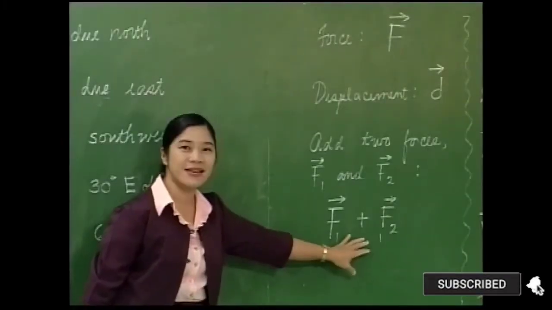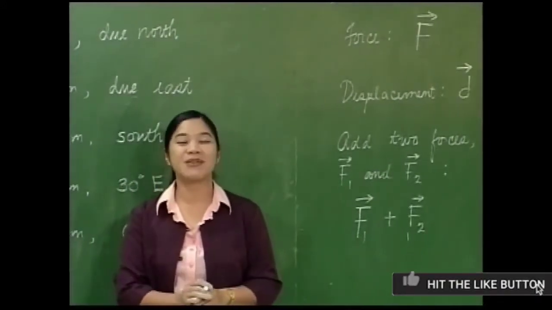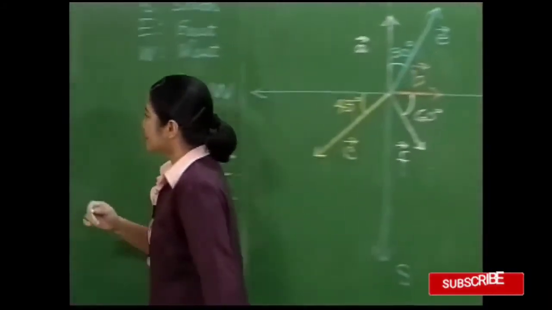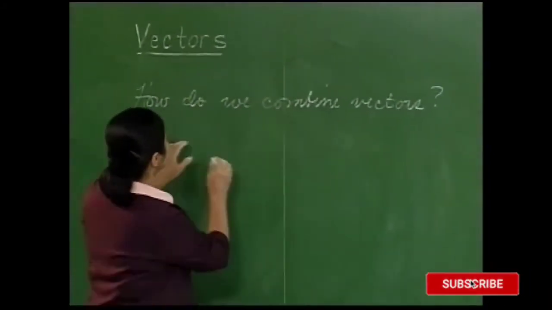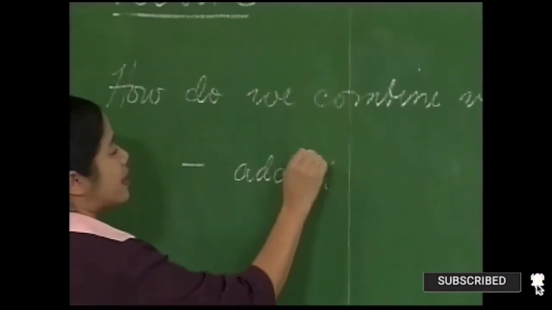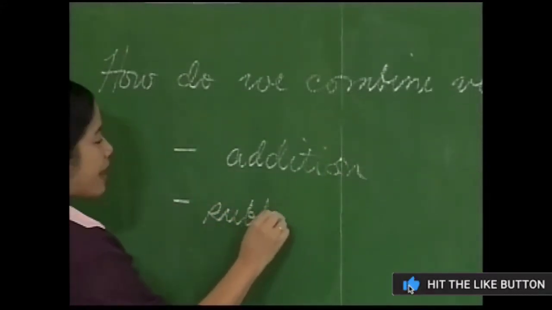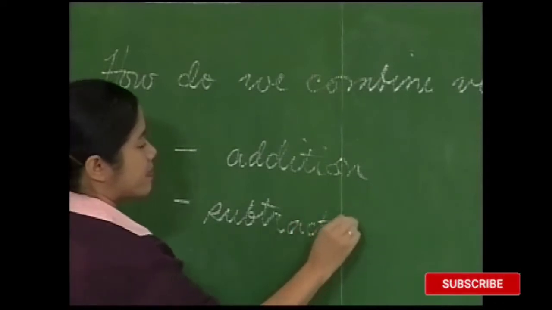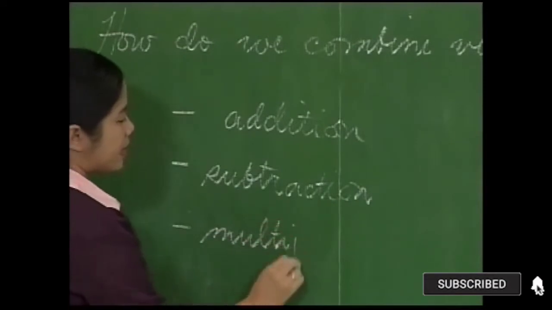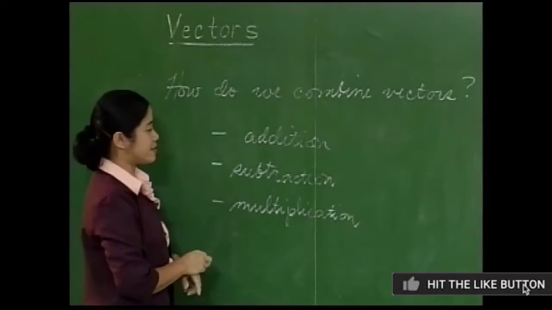Now, you might think we will add them the same way we add scalars or numbers. But that's not correct. We add vectors differently. So, when you say combine, that means how do we add? Again, addition. You can talk about subtraction of vectors. You can talk about multiplication and its inverse, division of vectors.